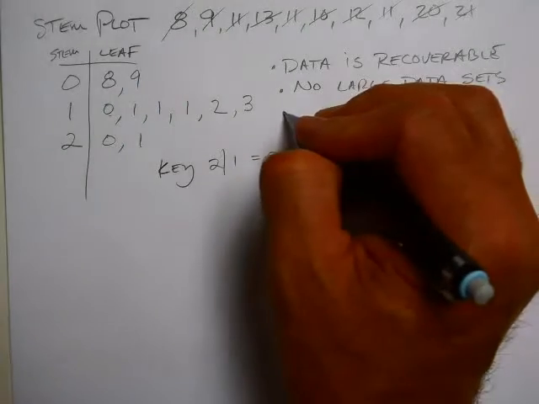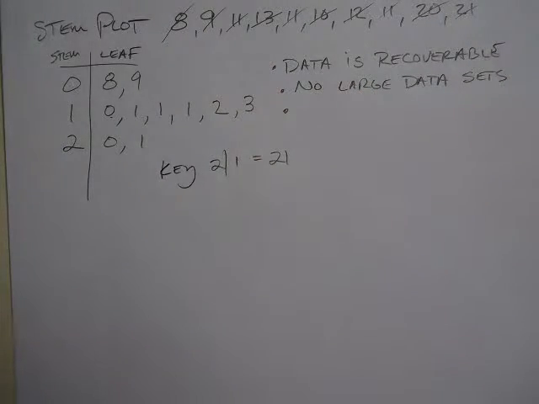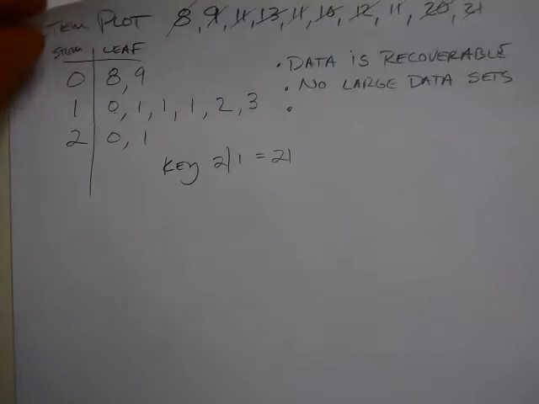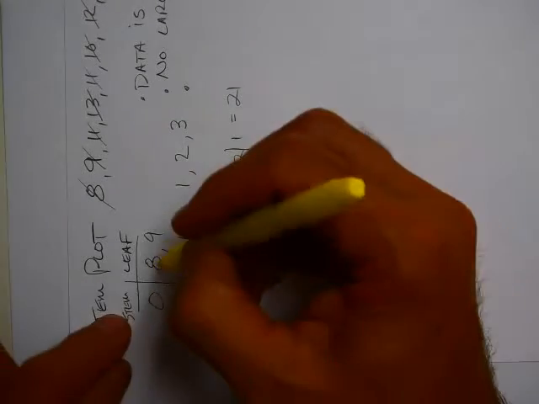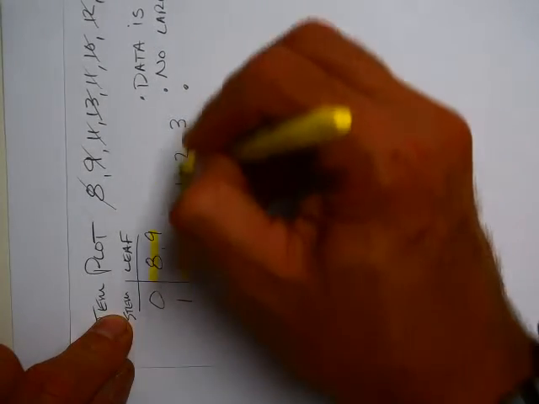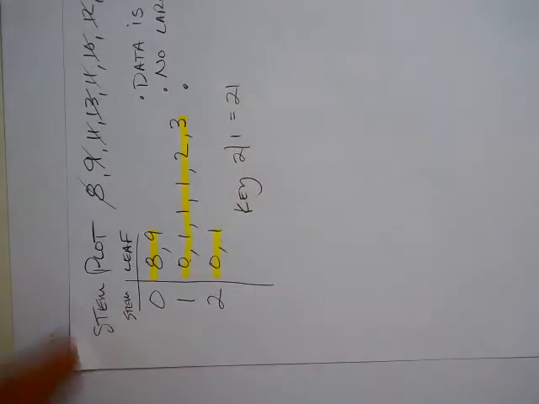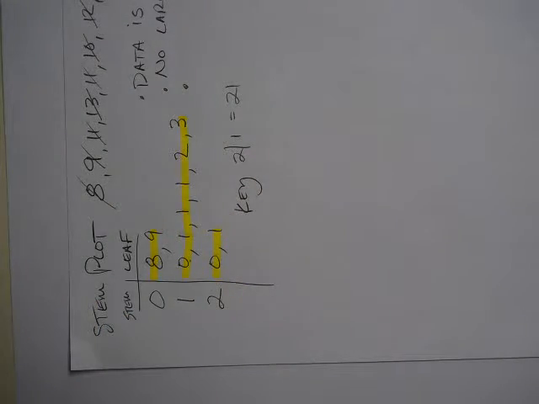There's one other cool thing about this. If you take the stem and leaf plot and turn it 90 degrees, you get a pretty decent histogram. And shape begins to become visible.